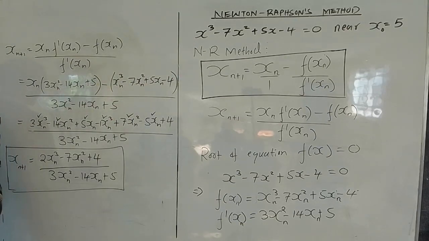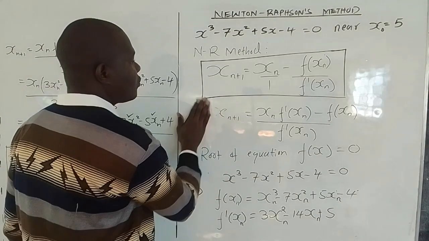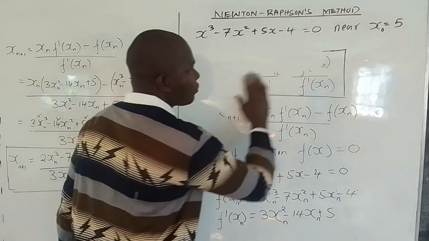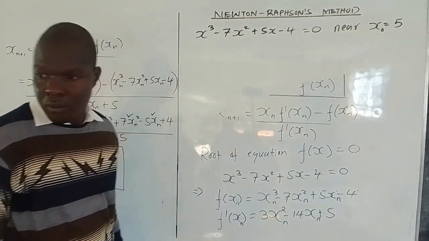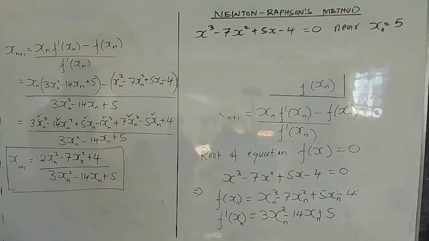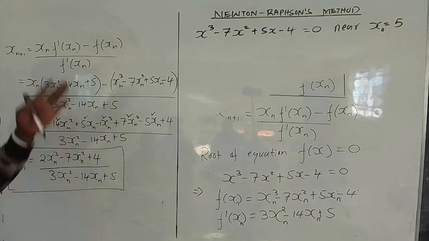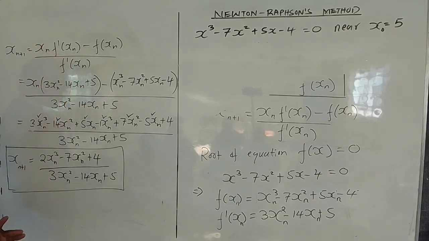Are we together? Now, if you want to use this in the calculator, this is what you do. If you want to use this in the calculator, you will have numerator over denominator. Are we together?